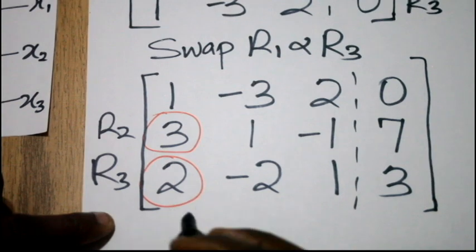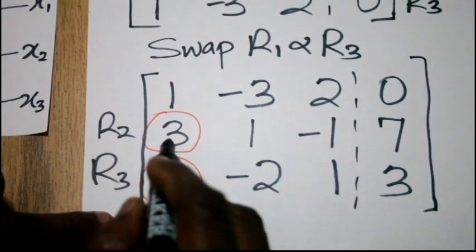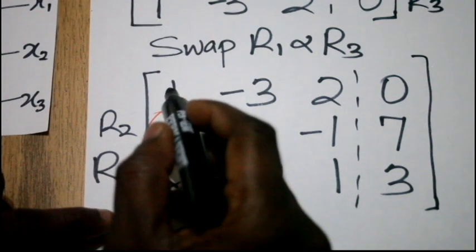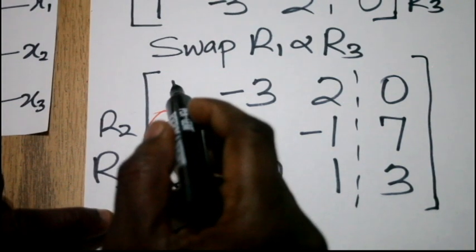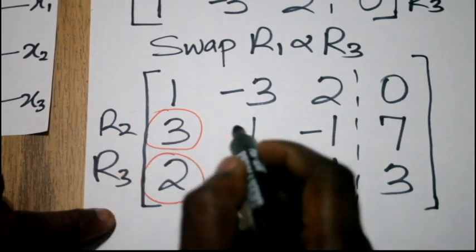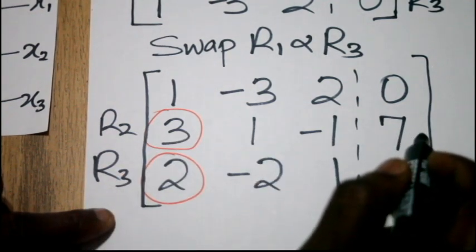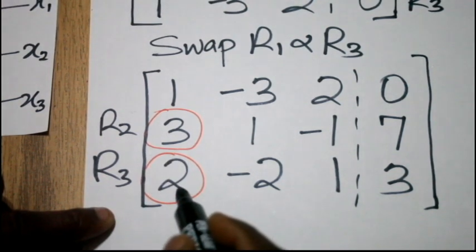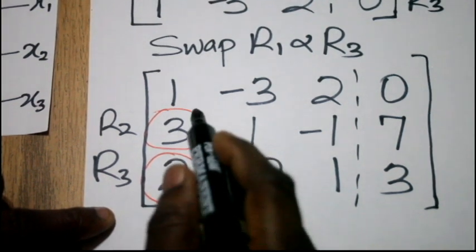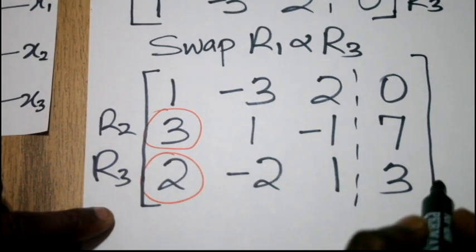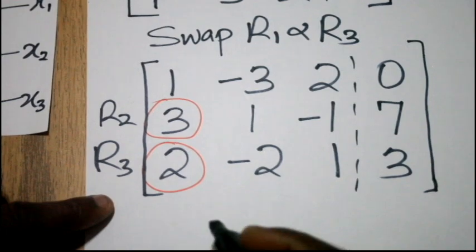For row 2 to change from 3 to 0, we're going to multiply row 1 by negative 3 and add row 2 to it, and that will apply to everything across the board. Then you also do that for row 3 to change it to 0. So we're going to have row 1 multiplied by negative 2, and whatsoever you have, you multiply that across the board. Let me write a system of equations that we're going to use.